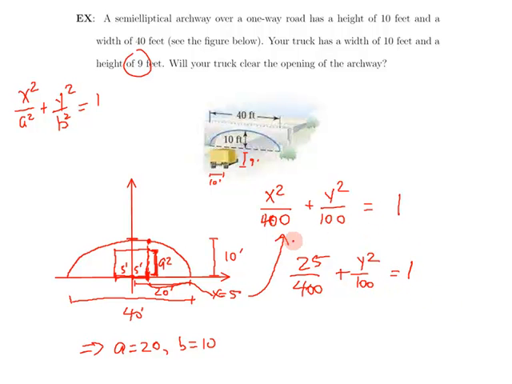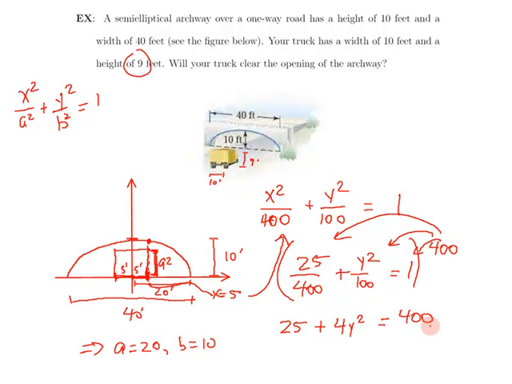To solve this for y, I'm going to multiply both sides by 400 to get rid of the fractions. 400 times everything gives me the following. The 400 times the first fraction cancels and leaves me with 25, plus 400 times y squared over 100, the 100 and the 400 divide out and leave 4, so I have plus 4y squared is equal to 1 times 400, which is 400.